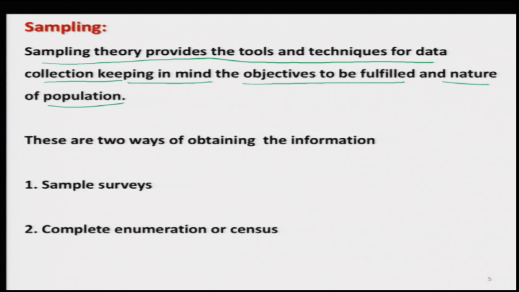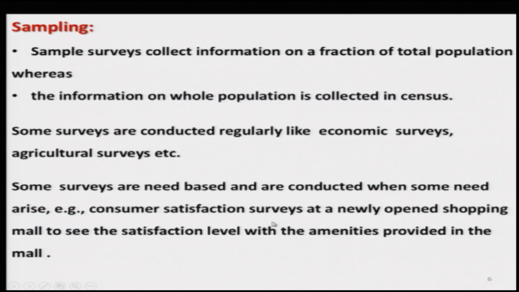Now, in case I want to obtain the information through the sample, I have two possible ways. One is sample surveys and another is complete enumeration or census. What is the difference between the two?